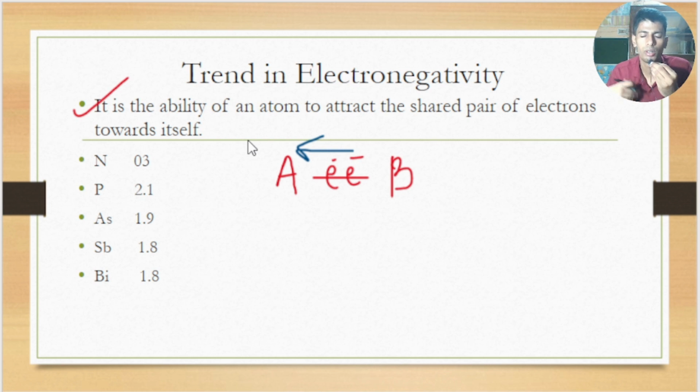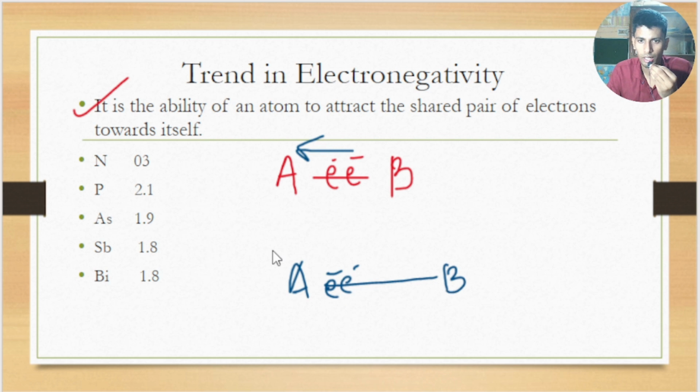The meaning of more powerful means the more effective nuclear charge is coming from B. So B's nucleus will attract these two electrons, and the electrons will be much closer to B, and a delta negative charge will be produced here and delta positive charge will be produced here. So this is electronegativity. It is the ability of an atom to attract the shared pair of electron towards itself.